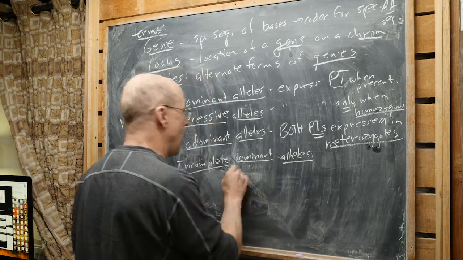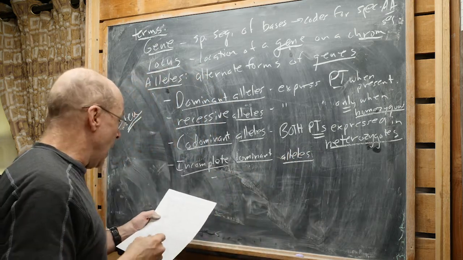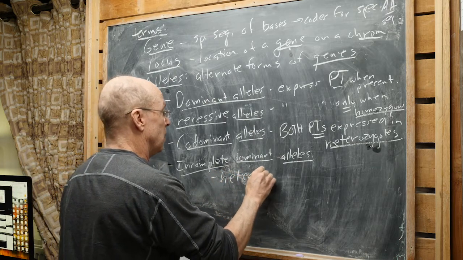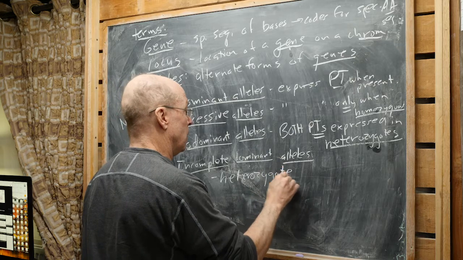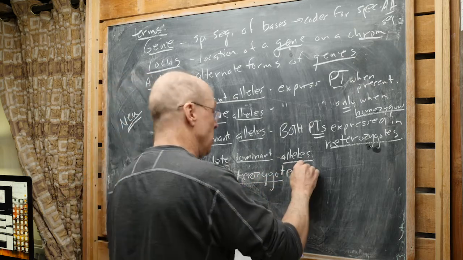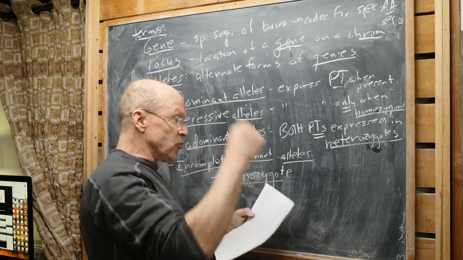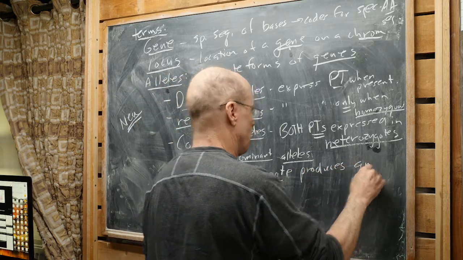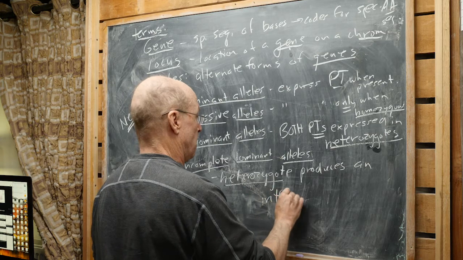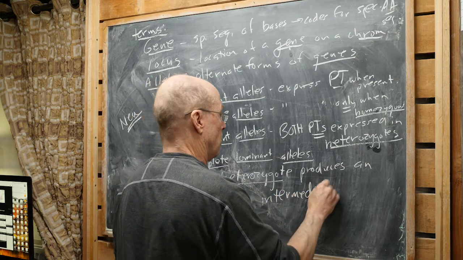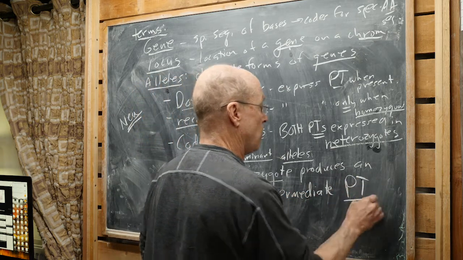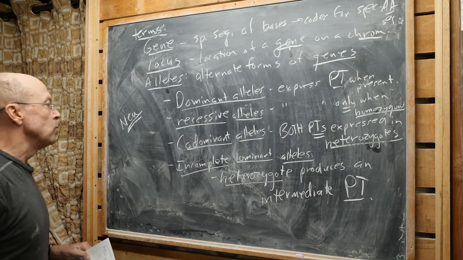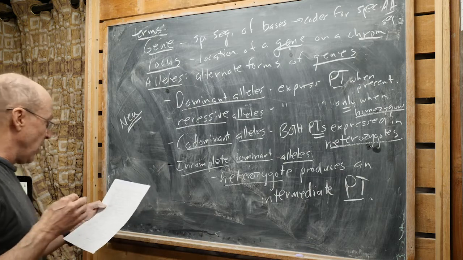In incomplete dominant alleles, the heterozygote produces an intermediate phenotype. Okay, so that's really good stuff, to set us off.